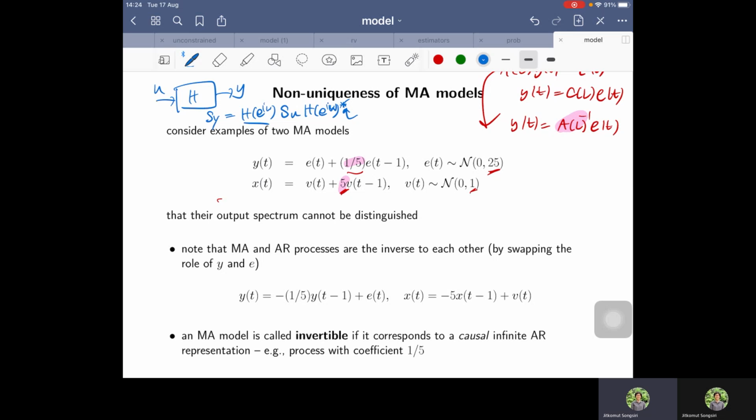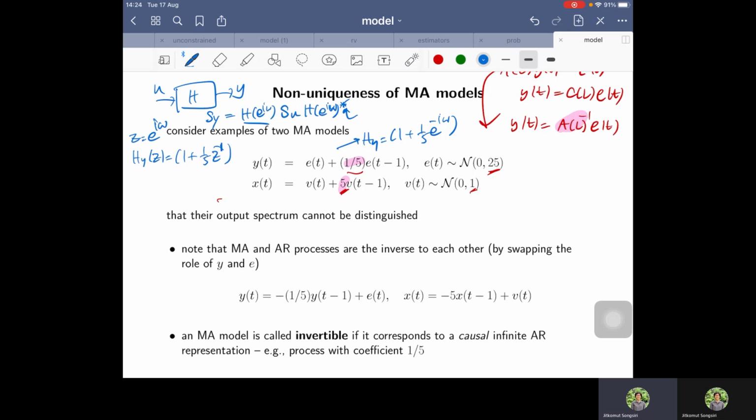Okay. So for HY, if we just sketch it real quick, HY is going to be 1 plus 1.5 e to the minus i omega. Let me recall that this is 1 plus 1.5 z to the minus 1. When we compute the spectrum, we take the value z equal e to the i omega, because this is discrete time.